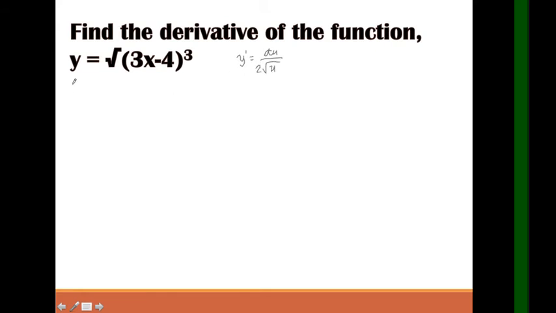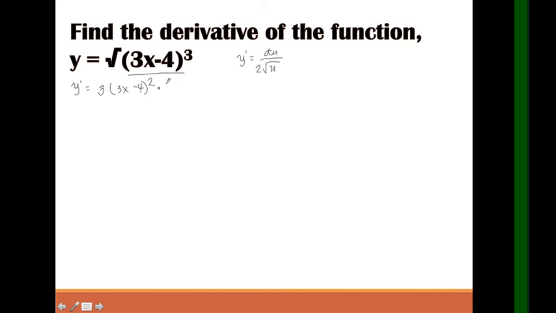Here we have derivative of y equals derivative of u, ito yung u niya, diba? So 3x minus 4 cubed. What is the derivative of that? This is a chain rule. So we have 3 quantity 3x minus 4 squared, and the derivative of 3x minus 4, that's 3, diba?